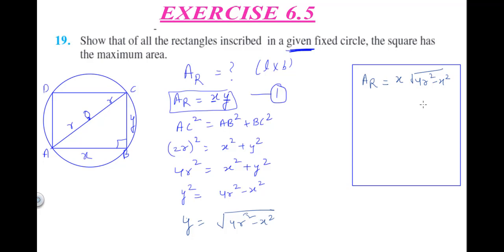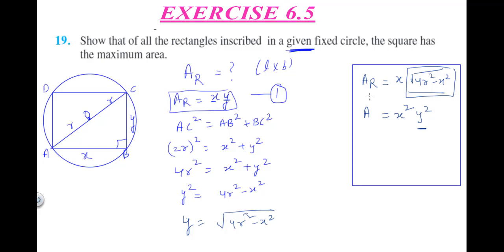Clear? Just to see here, if we differentiate it, it will be difficult for us because it has a square root term. So what we do is we square it. If I square the area, I'll get x square and y square, and here I can just put the y square value. Clear? Which will make our calculation easier. So every time you get a square root, you always go for squaring that.